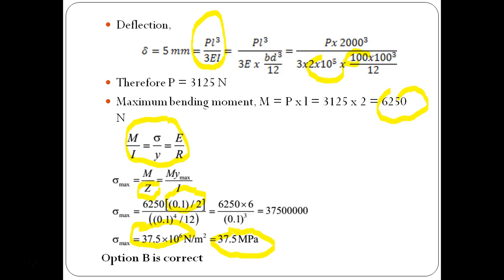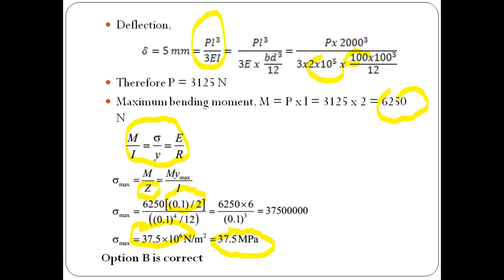So since we have to find the bending stress, we calculate the load from the formula delta equals PL cube by 3EI, and we can calculate the maximum bending moment, so load multiplied by its distance.